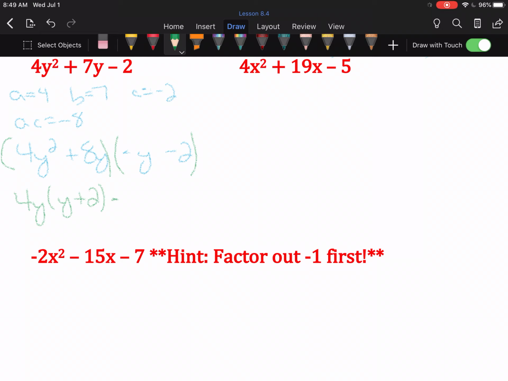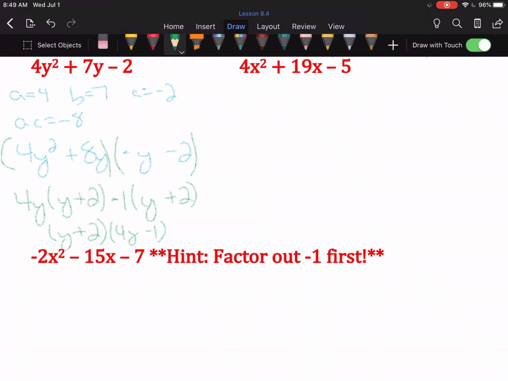Negative to flip the signs, and 1 because there's nothing in common really. That'll leave me with y plus 2. It flips the signs. We're in business now. We can do y plus 2 and 4y minus 1 as our factors.